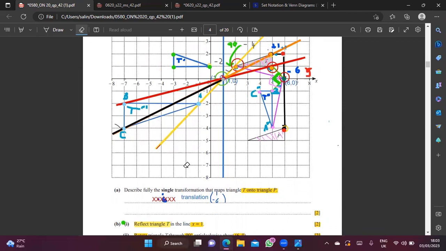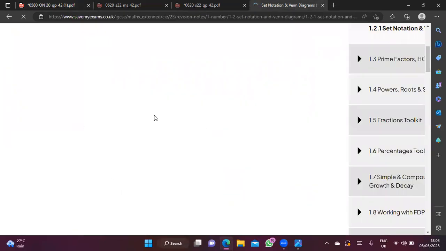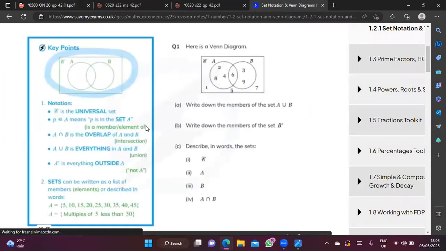Right. Next, I want to go through set notation and Venn diagram. Somebody asked for this. Maybe he's not here today, but anyway, because we have a video. Okay. In order to do sets, you do need to know the language of sets.